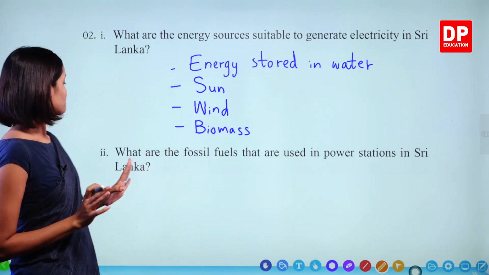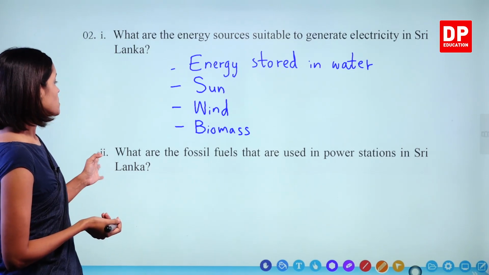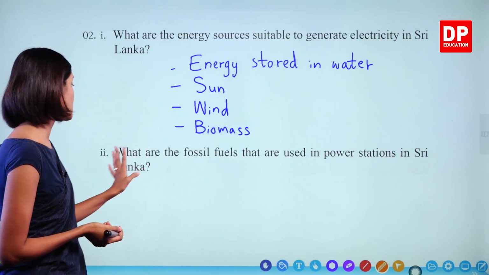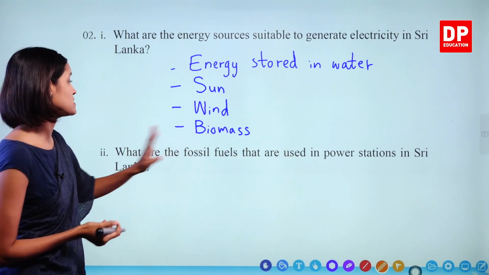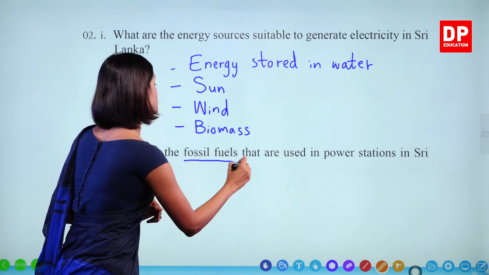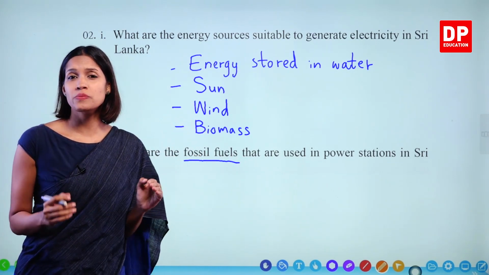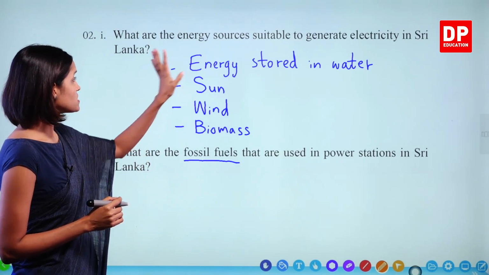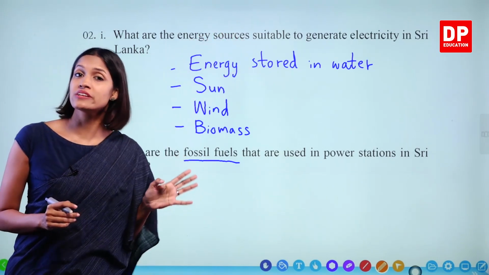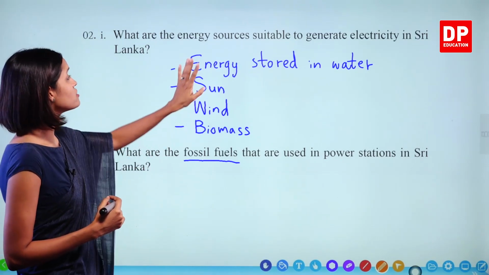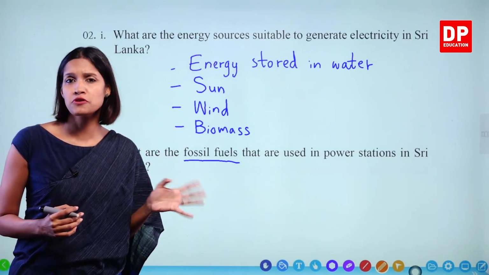Understand, children? Next one. What are the fossil fuels that are used in power stations in Sri Lanka? So basically, we use energy stored in water to generate electricity. Those are known as hydropower plants. But energy stored in water is not coming under fossil fuels.